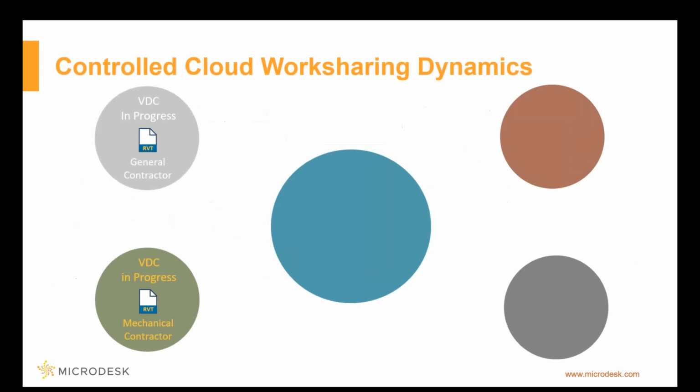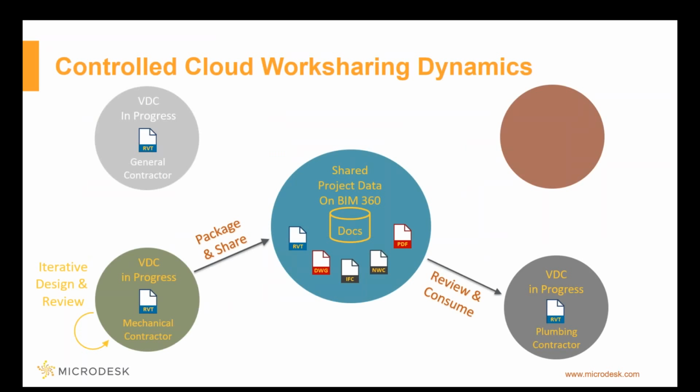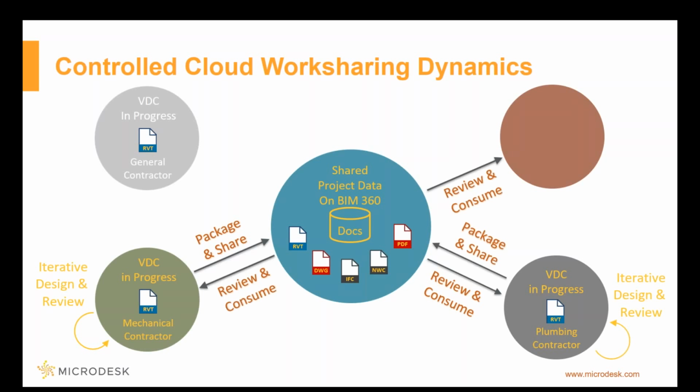So BIM 360 Docs is giving the ability for a central file location, but also allows you to control the ability to package and then share your information. So you can publish when you're ready. You don't have to publish. It doesn't have to be live.